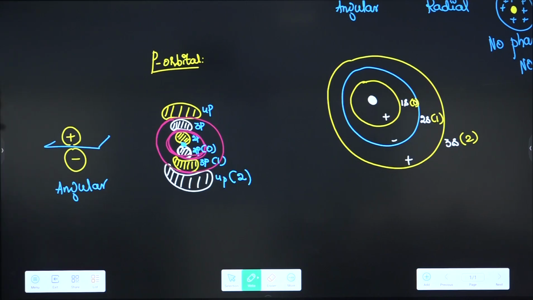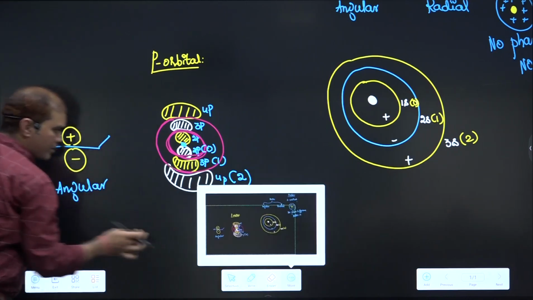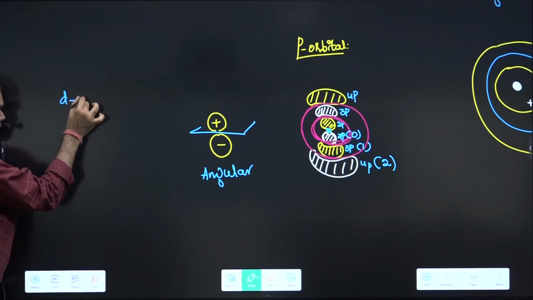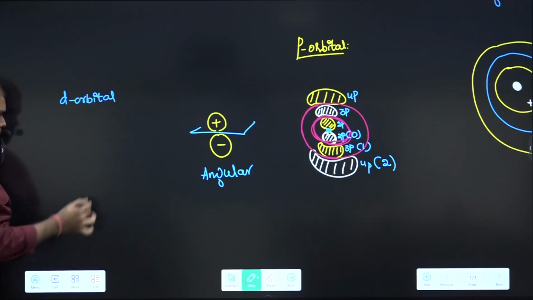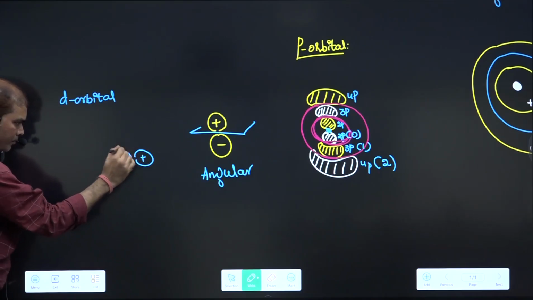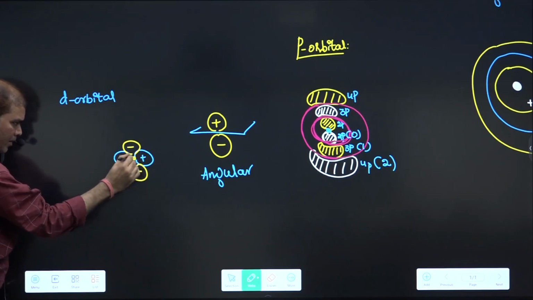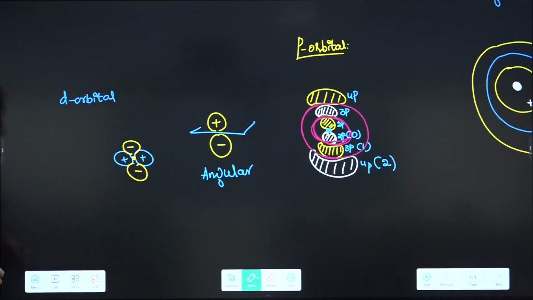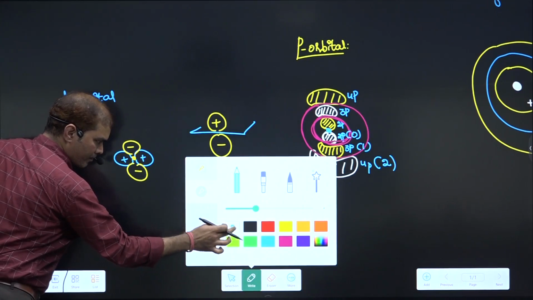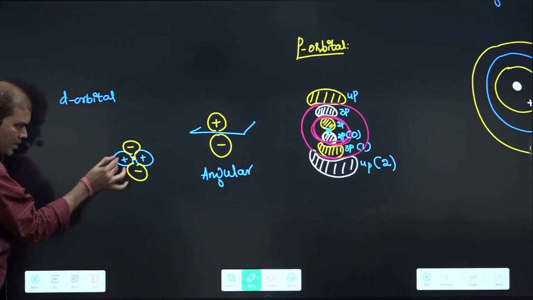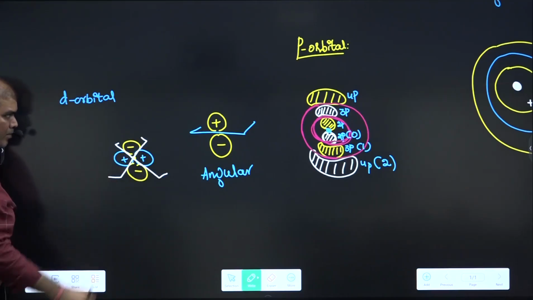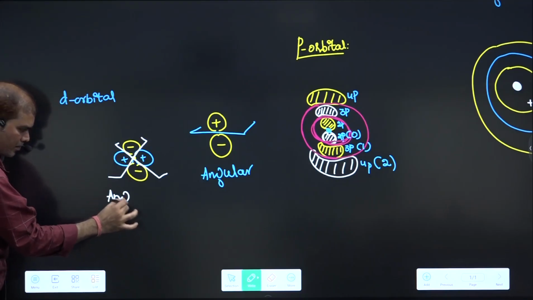So likewise for d orbital, if I take a d orbital, center will be the nucleus. How many nodal planes for a d orbital? This is plus minus plus minus plus minus. So how many angular nodes? 2.